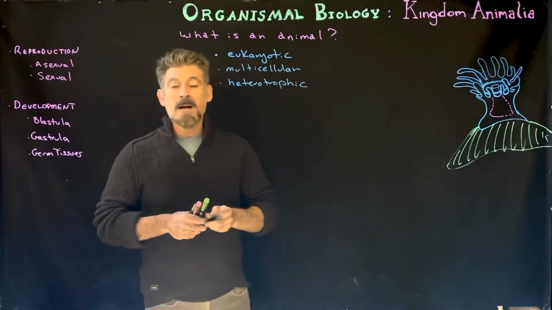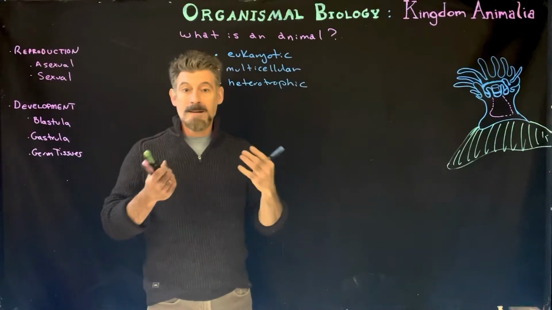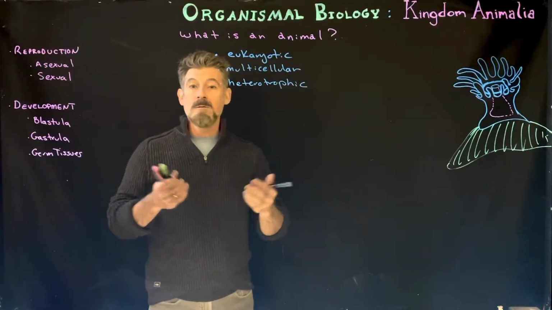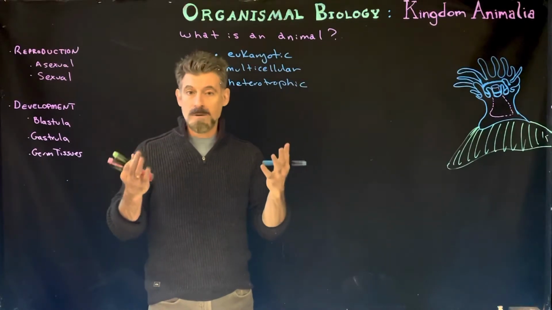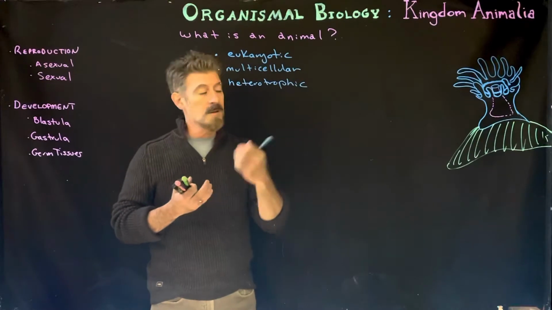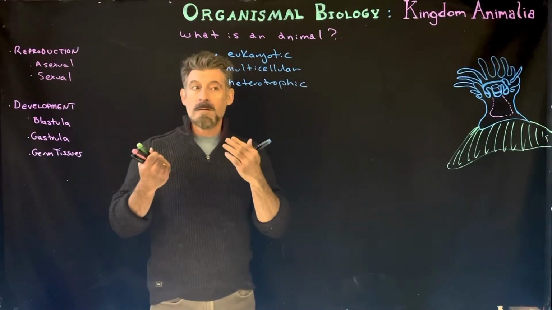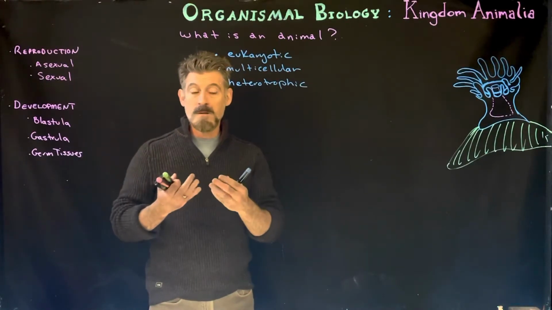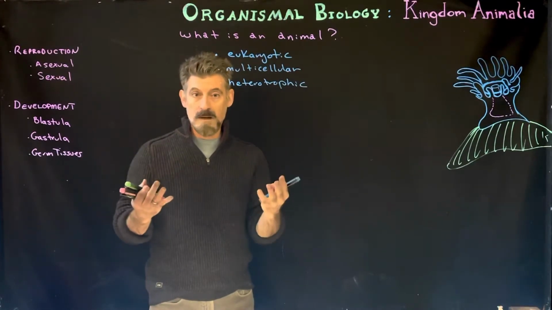Heterotrophic meaning they obtain their nutrients by essentially eating other organisms or living things. And typically the digestion will take place within some sort of chamber within the animal itself, which is a multicellular organism. Now, we'll see some variation to this when we talk about the sponges, for example. The sponges are going to be the first group of animals we talk about.